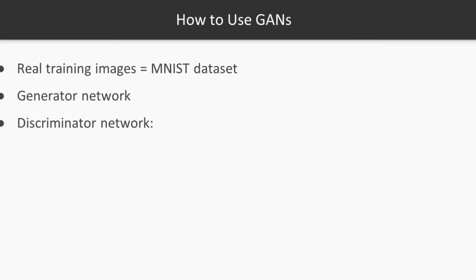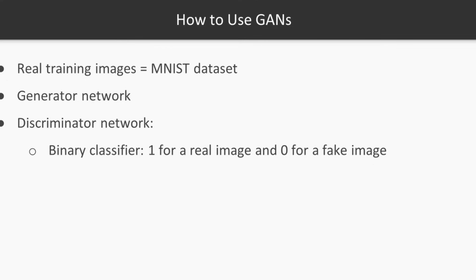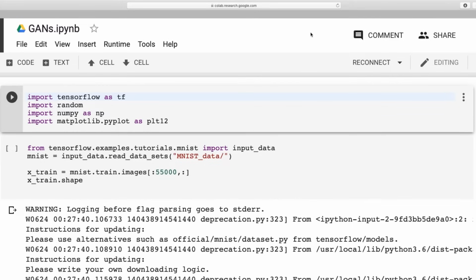You can think of it as just a binary classifier, in which 1 is for the real image and 0 is for the fake image. An optimization procedure that jointly updates both networks through SGD, or stochastic gradient descent. This is the tricky part, as we need to train the generator network to fool the discriminator network. And we need to have TensorFlow, which is our choice of deep learning library.